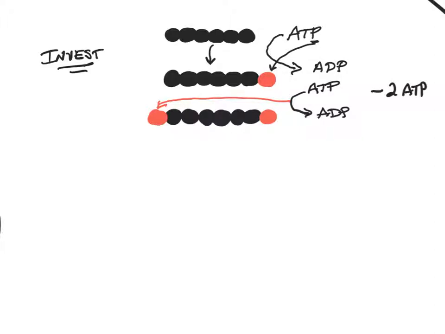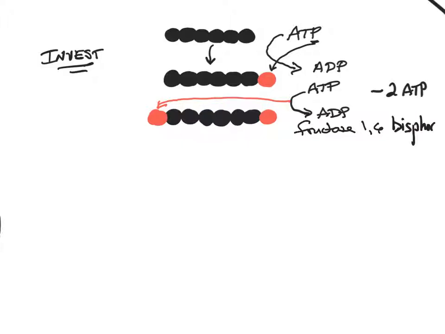The molecule generated here is called fructose 1,6 bisphosphate, denoting the 1 and the 6 are the positions of the phosphate.